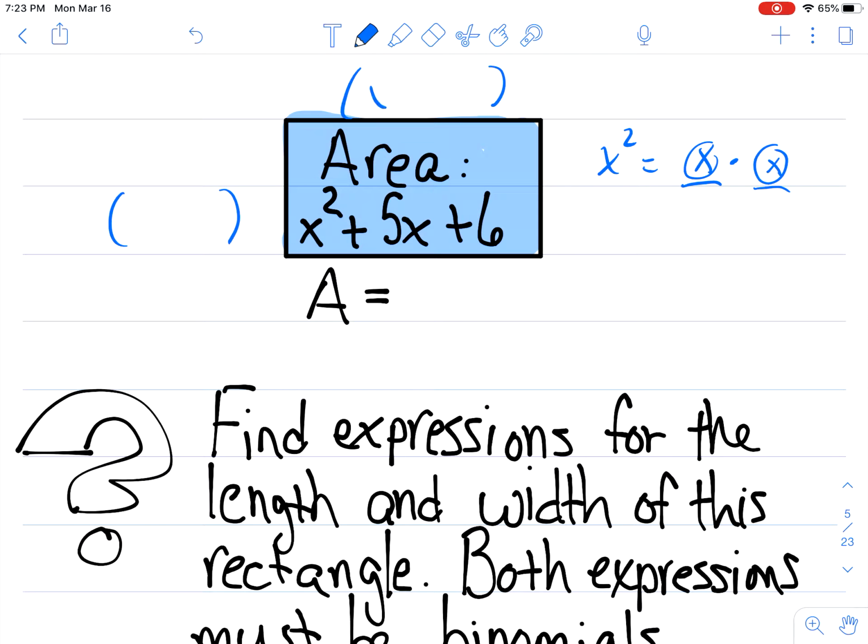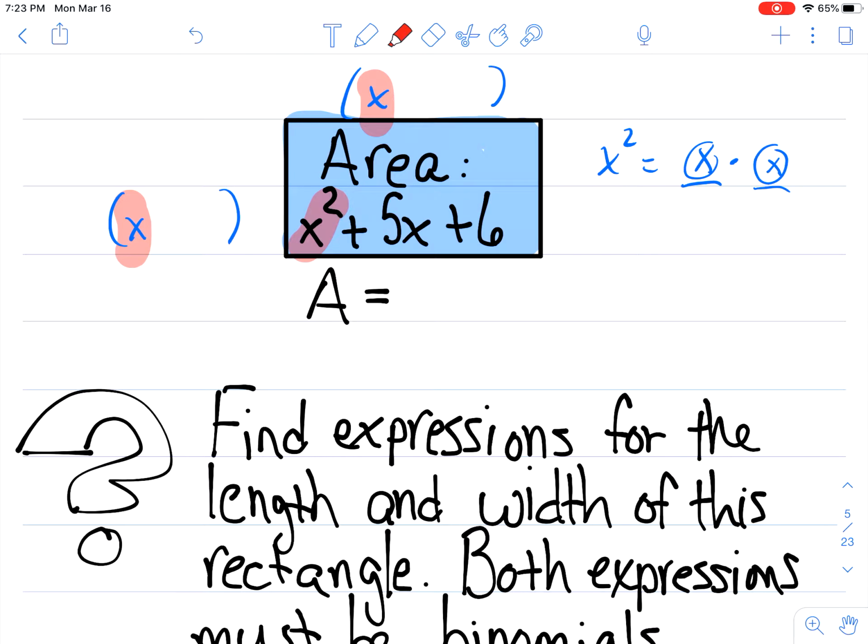So each of these groupings must have an x. When we use the FOIL method to multiply, x times x is your x squared, so that term is taken care of.